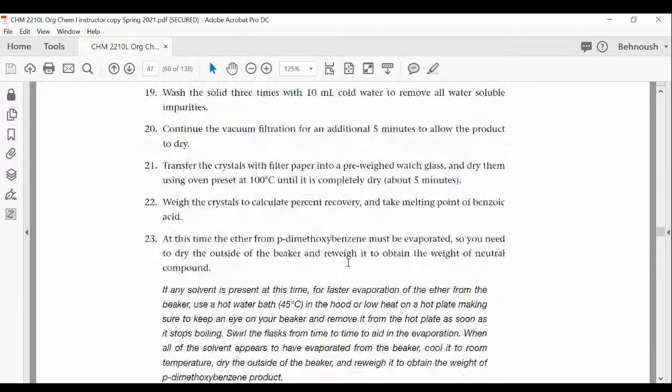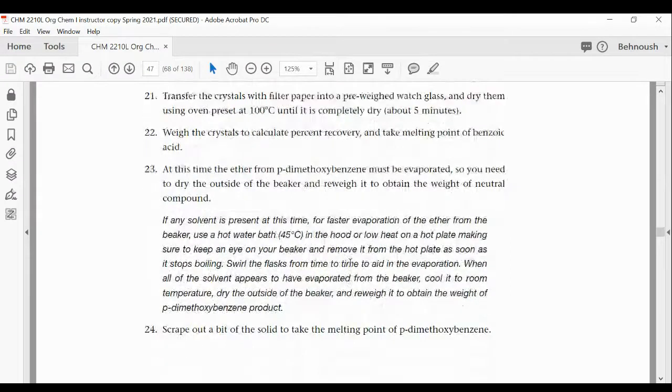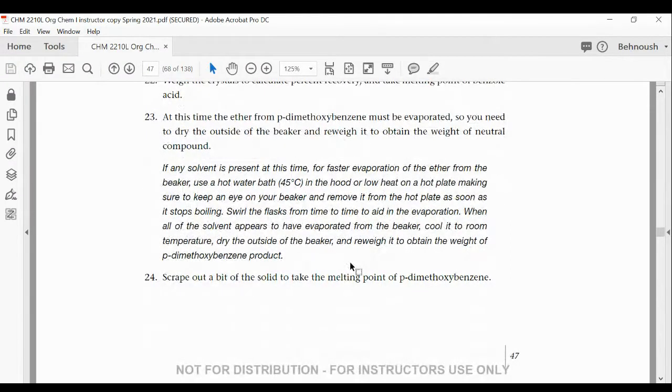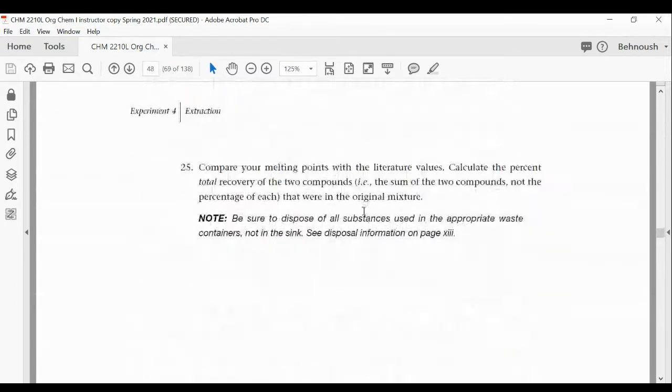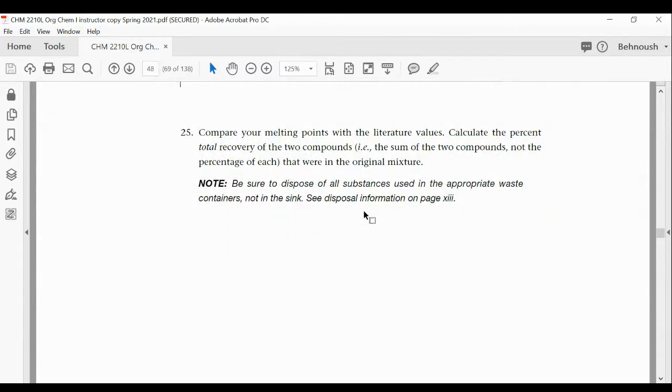And then you want to measure the mass of crystals. When you measure the mass of crystals, you calculate percent recovery in this case, and also the melting point for the compound. The literature value melting point, if you have it already in this experiment, fine. If not, you can Google it and find the literature value for the two compounds.